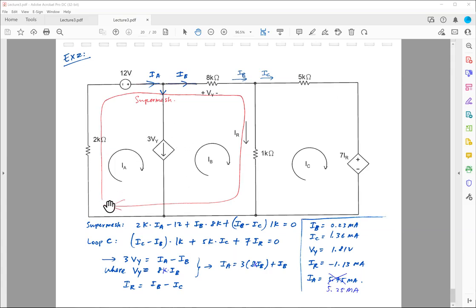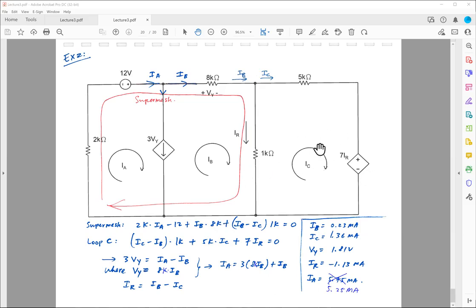So I have to go clockwise, all the way to the right, down to the left, bypassing this current source. But of course, we will need another equation that relates IA and IB, so that we have 3 equations and 3 unknowns to solve for IA, IB, and IC. We'll come back to that in a second.